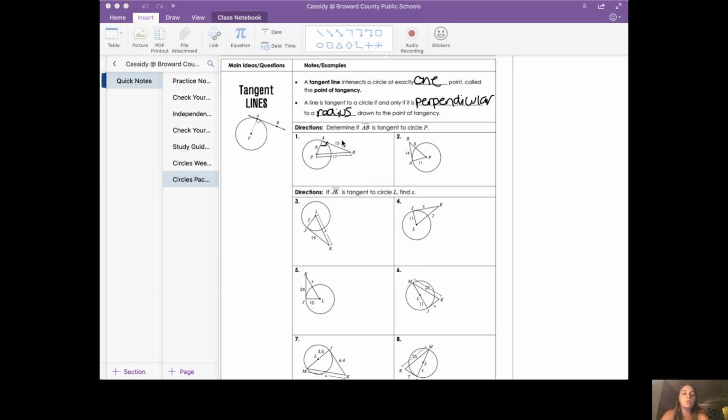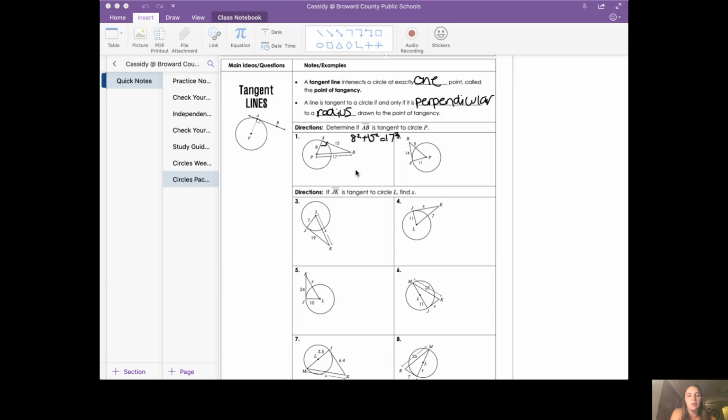So we're going to do 8 squared plus 15 squared equals 17 squared. If this comes out not true, so if 8 squared plus 15 squared does not equal 17 squared, we proved that it is not tangent. If it does come out equal, it is tangent. So let's do that in our calculator.